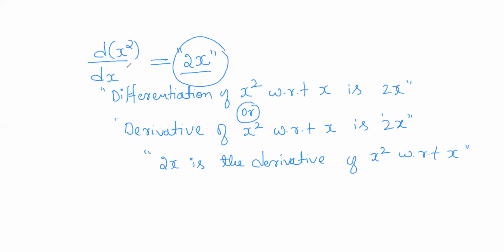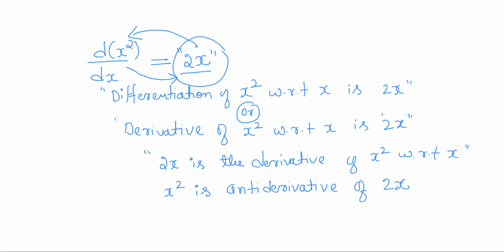So when you differentiate x square, you will get 2x, which is the direct process where we call 2x the derivative of x square. Now go back. As I call 2x the derivative of x square, I'll call x square the antiderivative of 2x with respect to x.